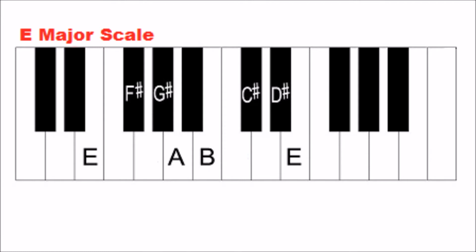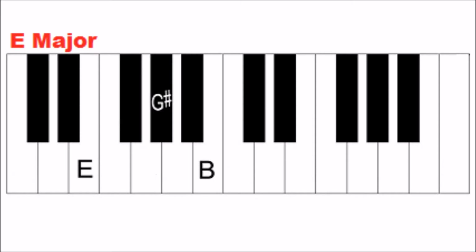It has to be an E major chord. Furthermore, it cannot be a minor chord because the notes of the E minor chord are E, G, and B, and we know that G is not in the E major scale.